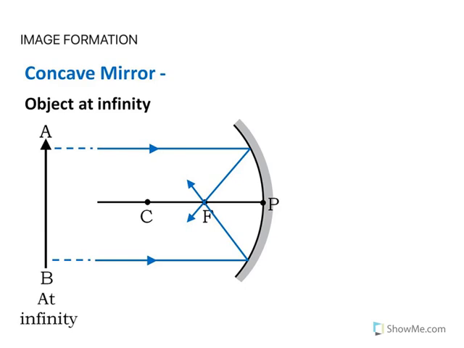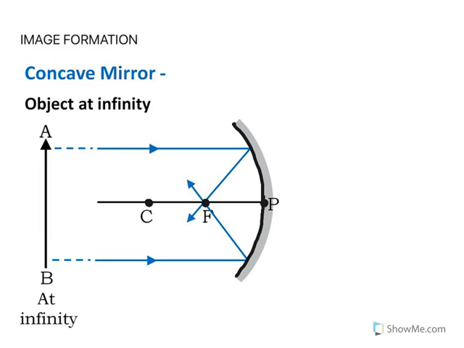Let's learn the image formation of an object kept at infinity for the case of a concave mirror. So first you need to draw your concave mirror like this. Here is your pole. This is the center of curvature, and halfway between the center of curvature and the pole is the focus.